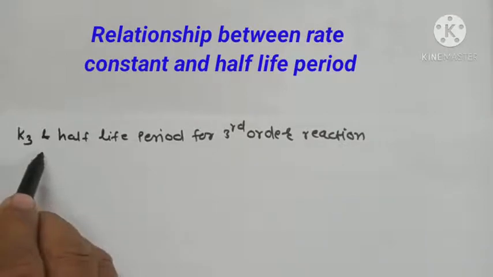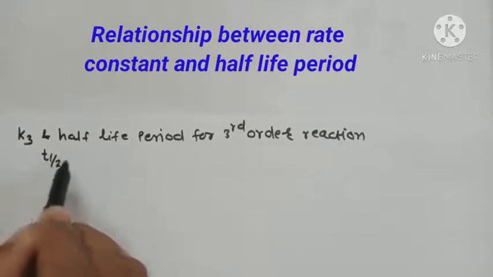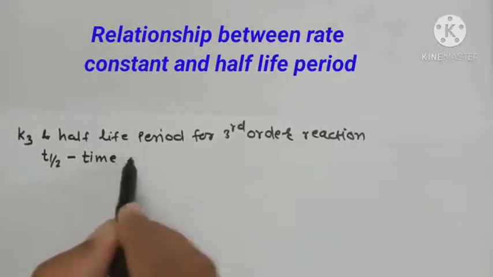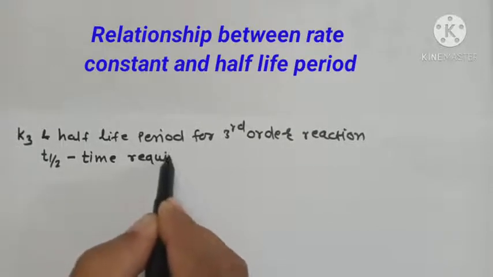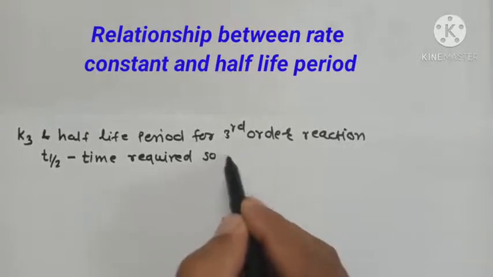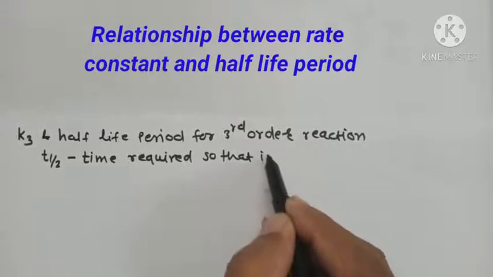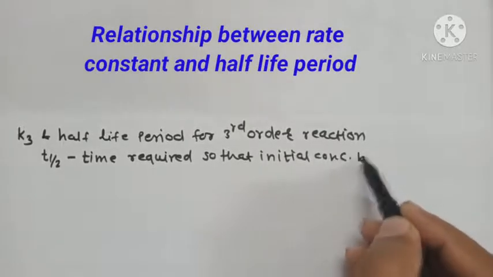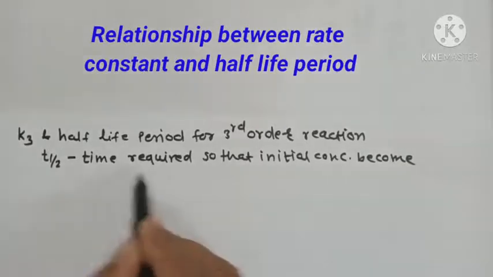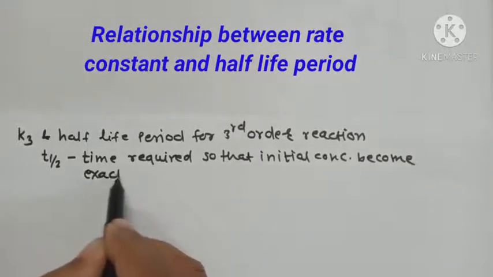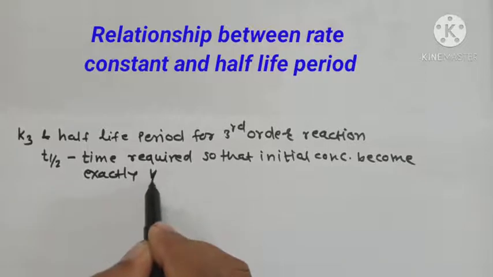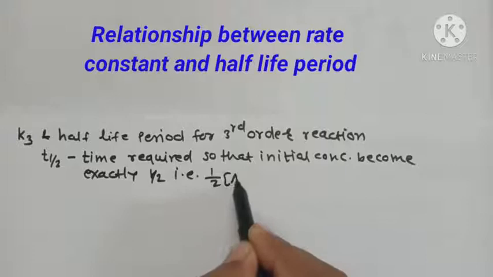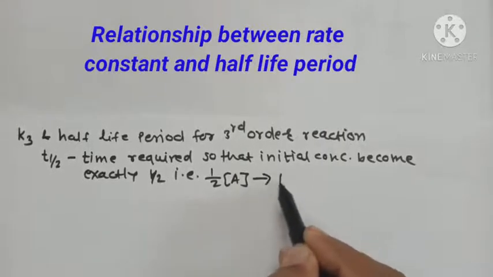What is half-life period? Half-life period is abbreviated as t half and it is the time required so that the initial concentration becomes exactly half, that is, half of the A is converted to product.